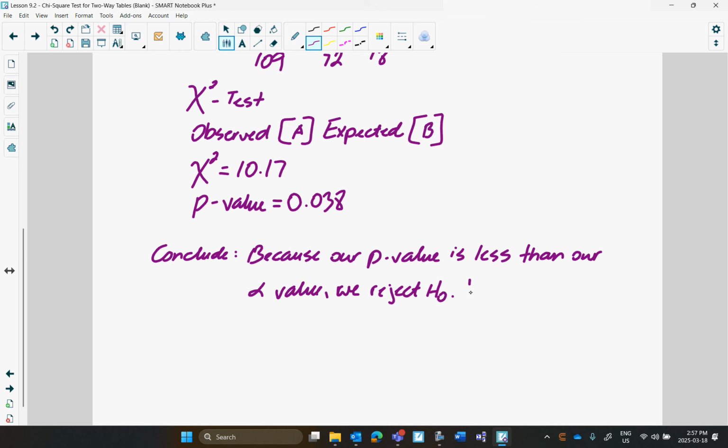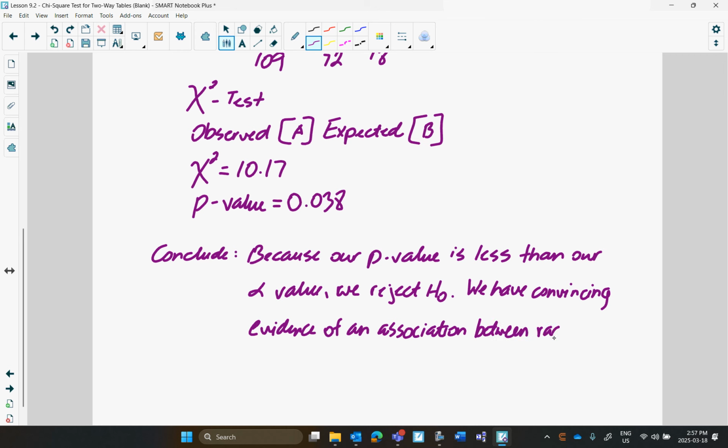That means we have convincing evidence of whatever the original question was. So you just have to go back to the question. We have convincing evidence of an association between racial group and force level.